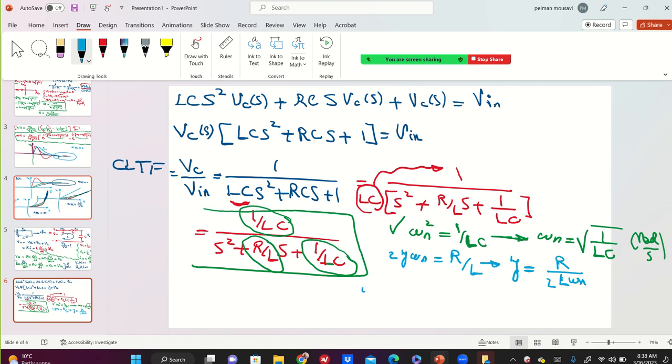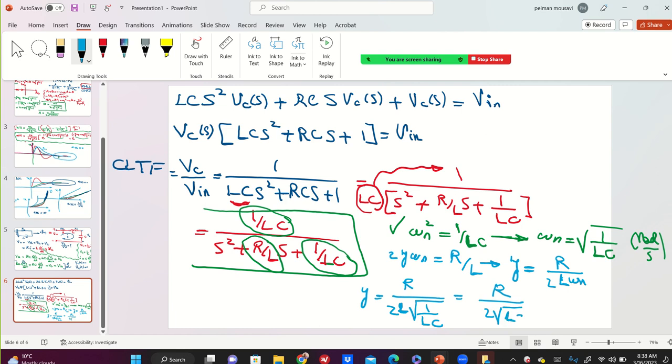We have omega n, so zeta is R over 2 L times the square root of 1 over LC. Or mathematically, if you simplify it, it's R over 2 times the square root of C over L. Bingo. So your RLC circuit has a damping ratio.